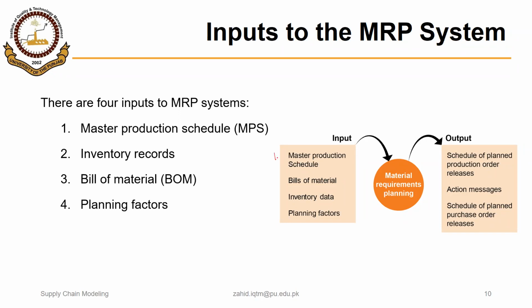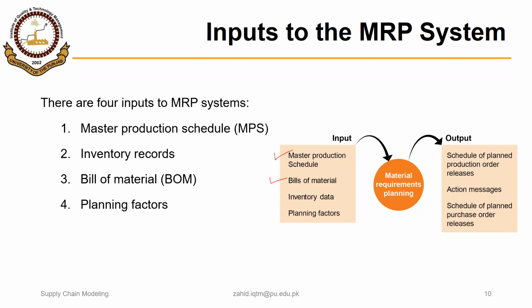Master production schedule tells the gross requirements for the end product, and based on that we can use the process of offsetting and explosion to plan for the demand of components and raw materials. Bill of materials tells us the quantity of different components and sub-assemblies in one end product, and when they should be required, in terms of manufacturing sequence.